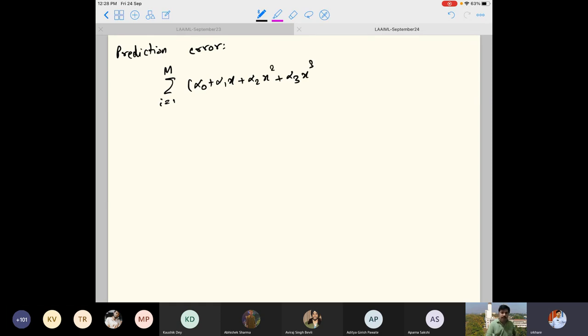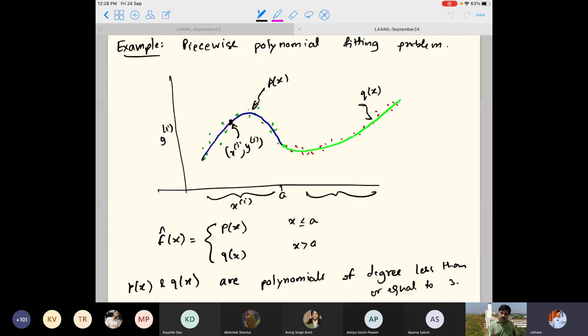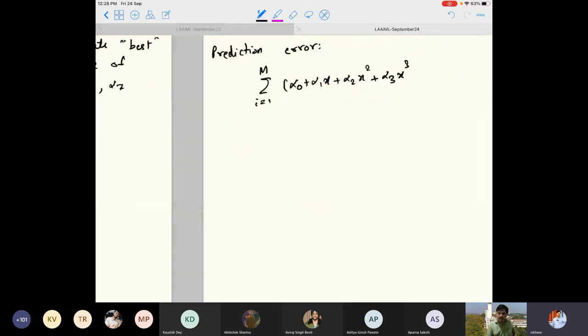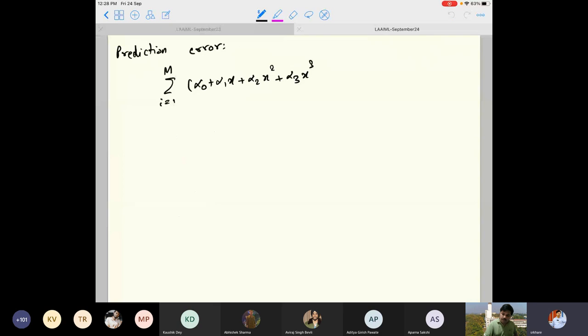That is the polynomial p(x), because up to point m, to the left of a, you have the polynomial p(x). I evaluate this at the ith data point, and subtract yi, and I take the square of this. So this is the sum of prediction errors for the polynomial p.